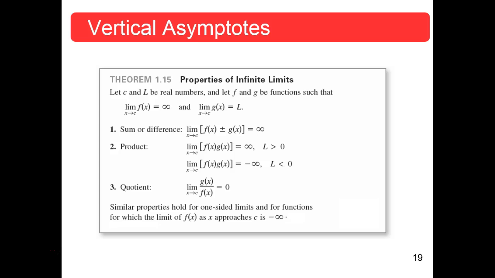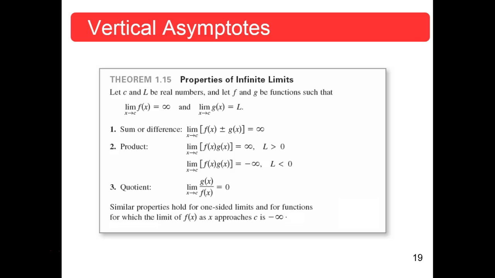Let C and L be any two real numbers, any real numbers in the world. F and G are functions such that the limit of F as x approaches C is positive infinity. And the limit of G as x approaches C is L. Okay?